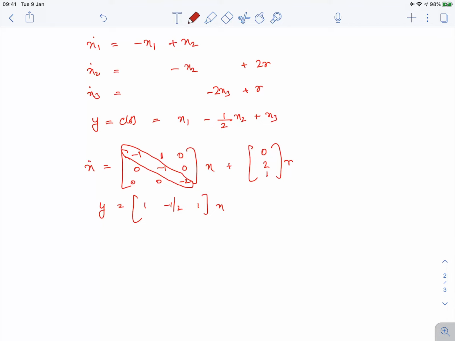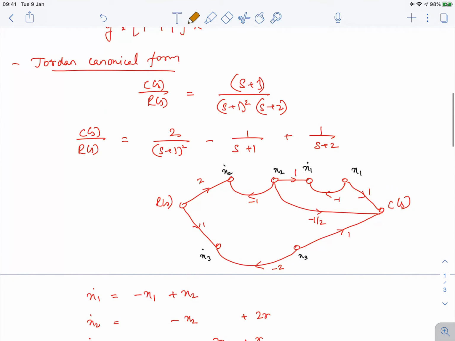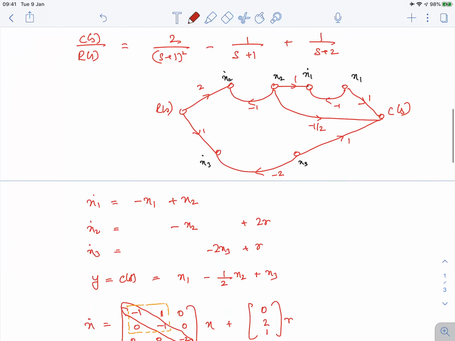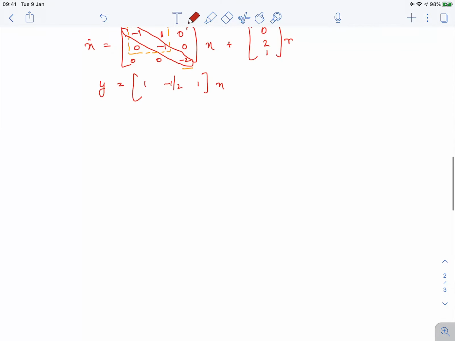So this is a small block which is associated with the repeated eigenvalues. Okay, and the other distinct eigenvalue, or let's say the root, is located at -2. And this is what we have in the transfer function, that the repeated roots at -1 and a distinct root at -2. Okay, so this was our Jordan canonical form.